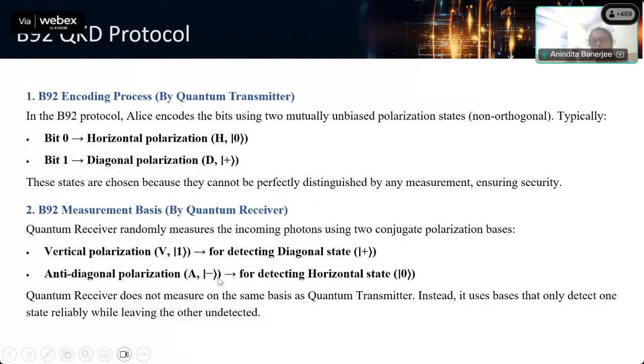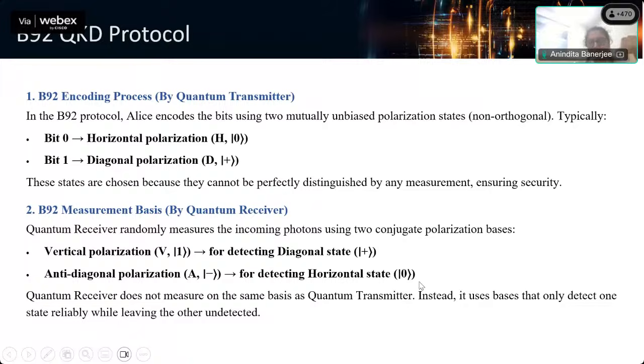So there is a polarization conversion which happens, and there is a mathematical reason to it. It will be interesting if you can figure that out. What it will involve is opening the states: ket plus is ket 0 plus ket 1 by square root of 2, and ket minus is ket 0 minus ket 1 by square root of 2. When you open this state up, you will figure it out.